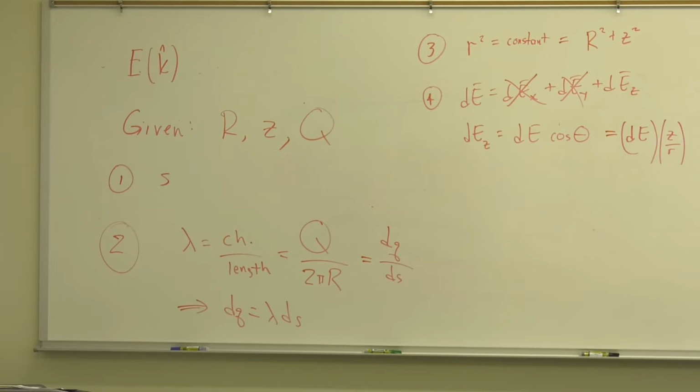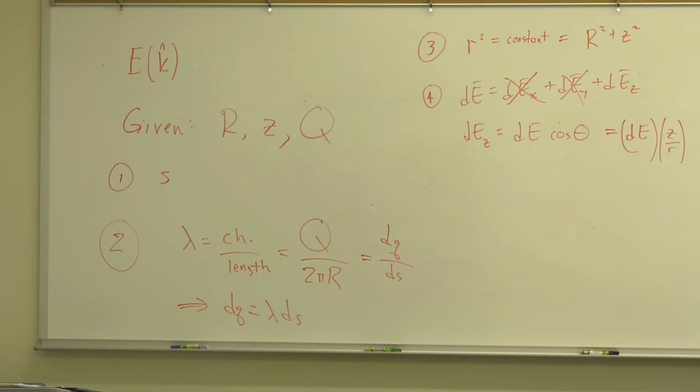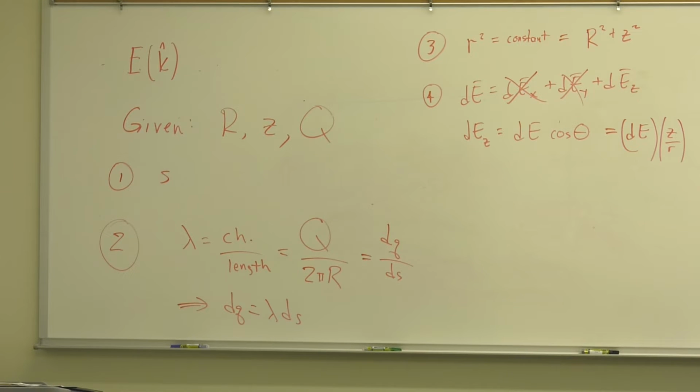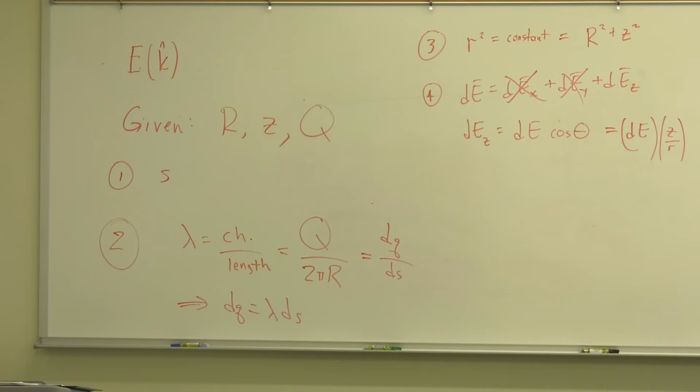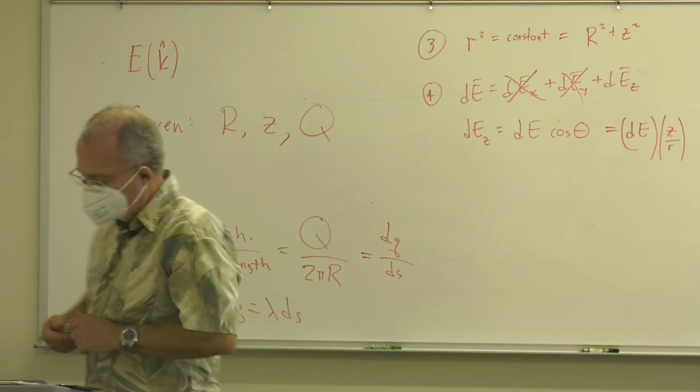So they're going to give us big R, they're going to give us little z. So you're right, we could figure out little r, we could figure out theta, right? But they would give us the radius of the ring, and they would tell us how far above the horizontal plane we are. Okay, but yeah, you're right. So there you go.